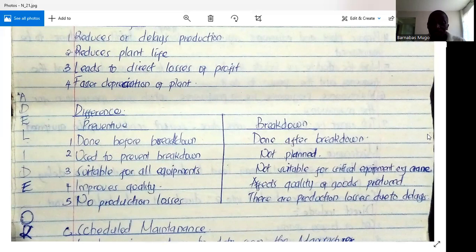Then in preventive maintenance, there is no production loss, while in breakdown maintenance, there is production loss because of the delay in the production of whatever was being produced by that plant.